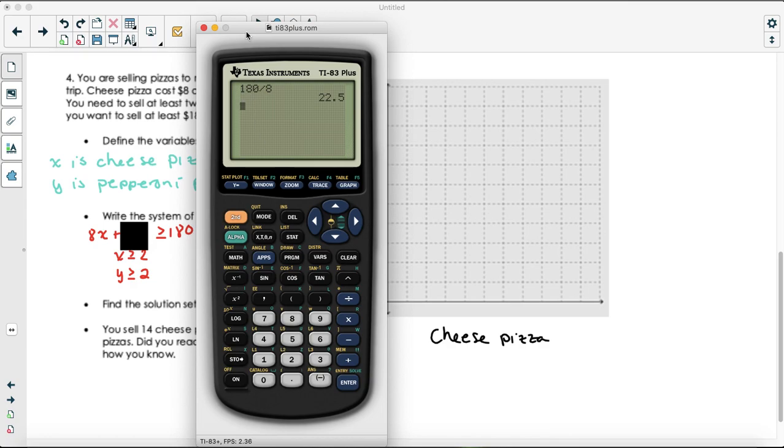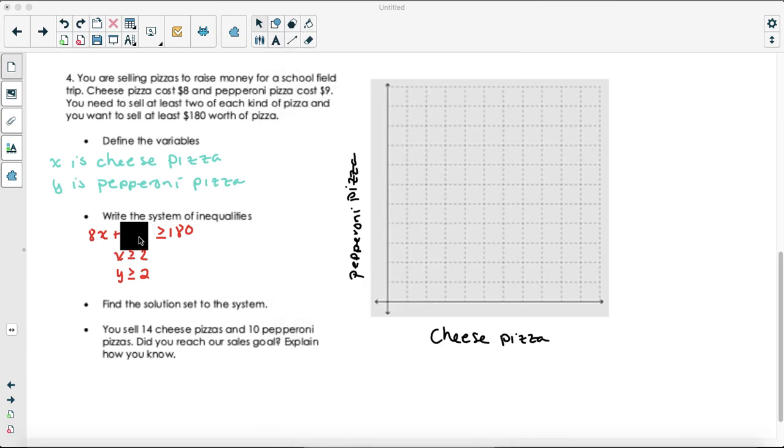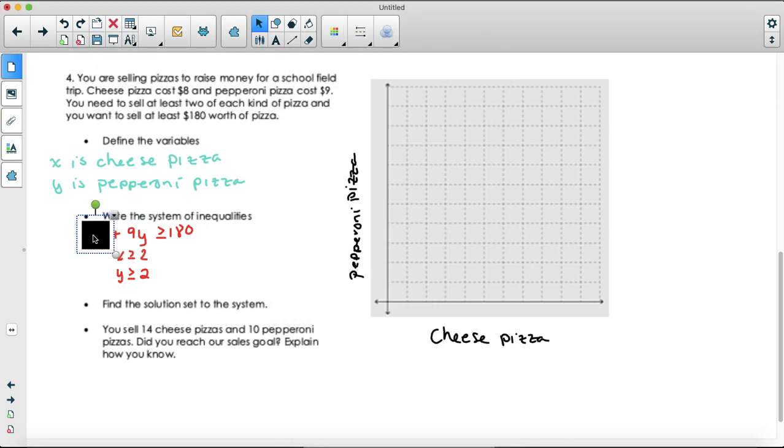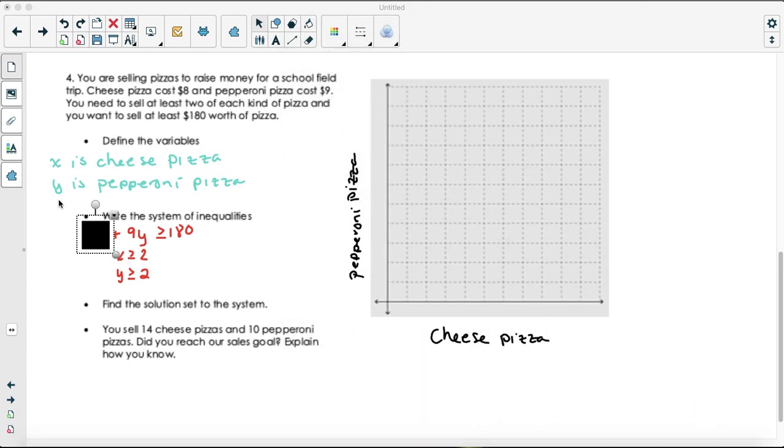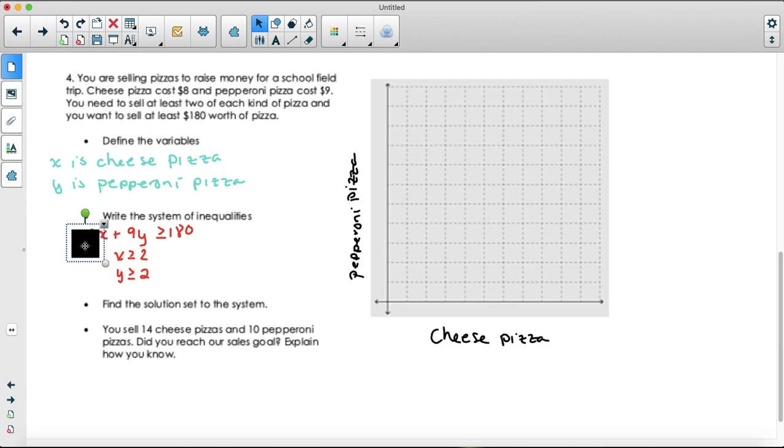Then we want to have our Y's. So we're going to do 180 divided by 9. So 180 divided by 9 has to go up to at least 20. So 22.5 and 20. So Y's have to go up to 20.